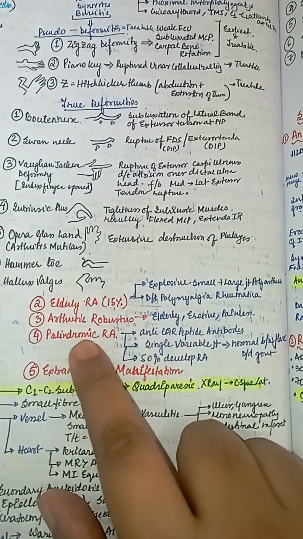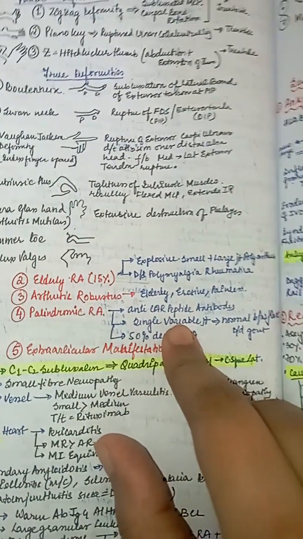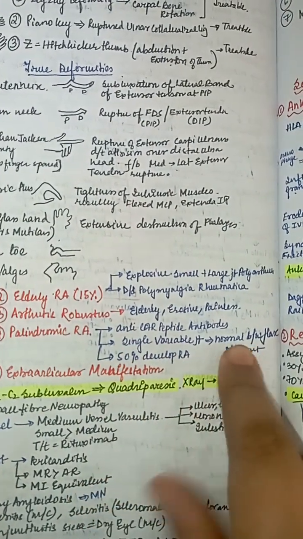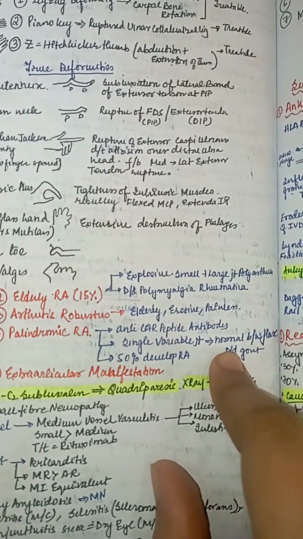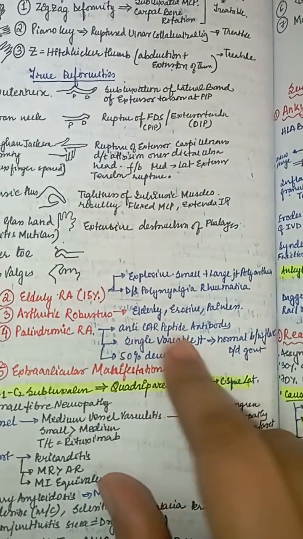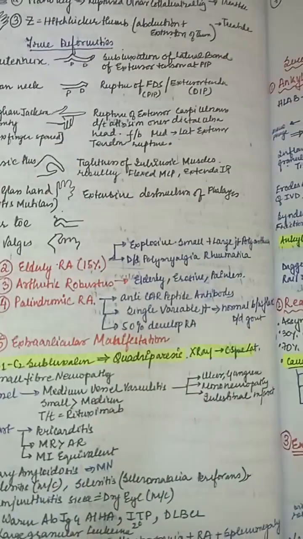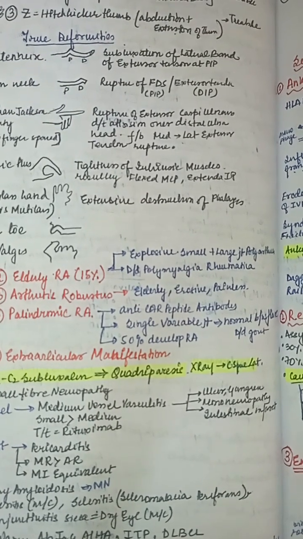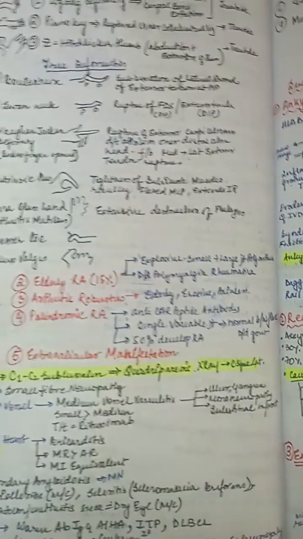And palindromic RA is anti-CCP antibody positive, with a single variable joint, and normal between the flares. It behaves like gout. 50% of them develop RA.